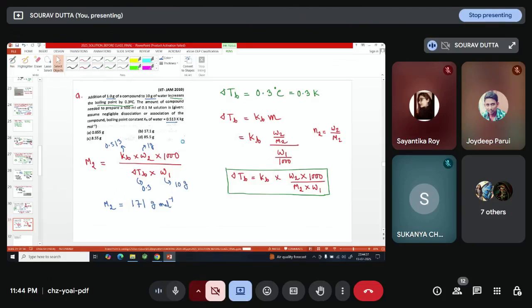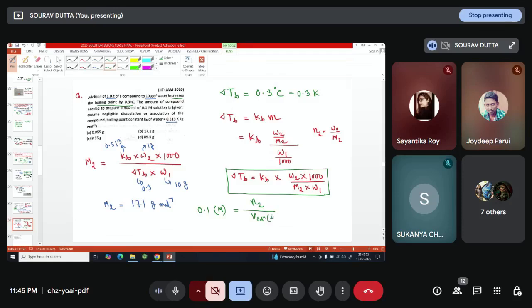The question is the amount of compound needed to prepare 500 ml of 0.1 molar solution. What is the definition of molar? Number of moles of solute divided by volume of the solution in liter.